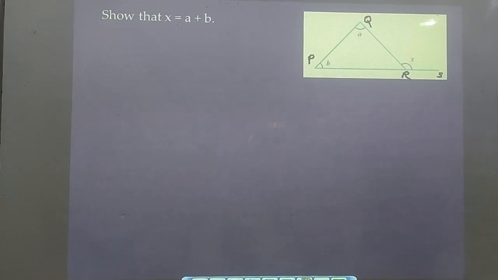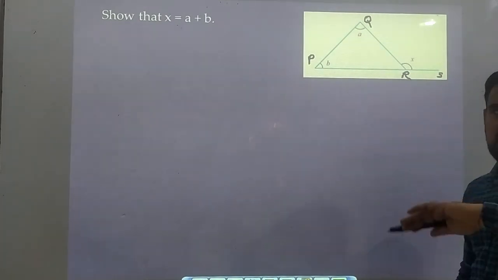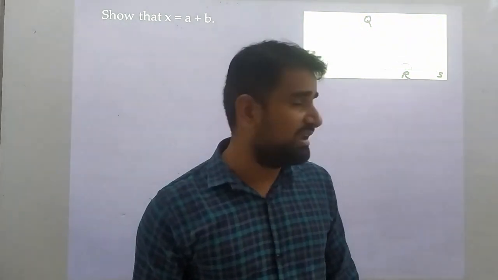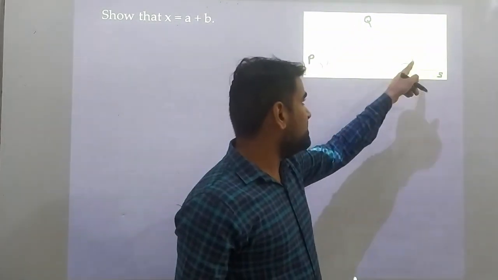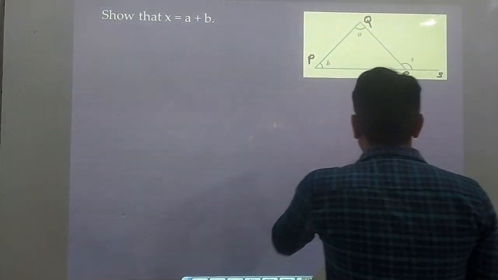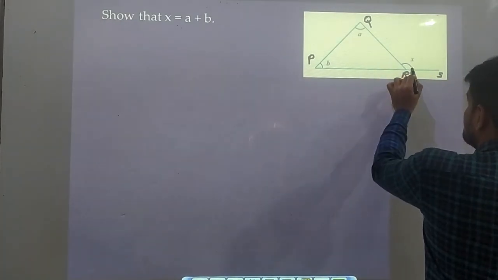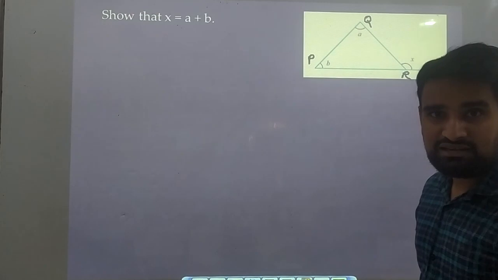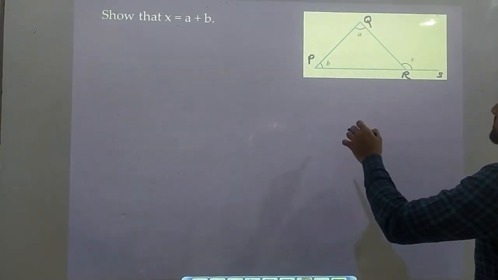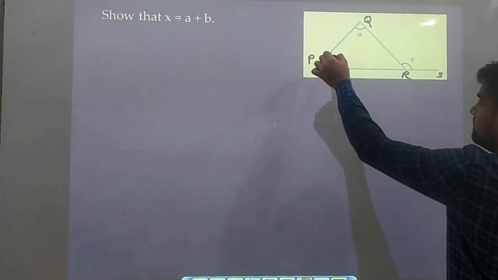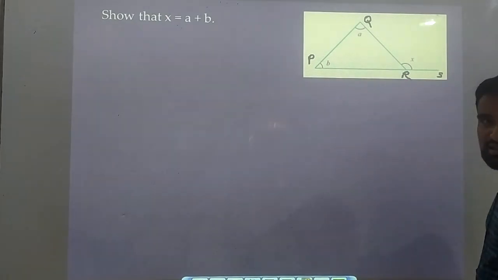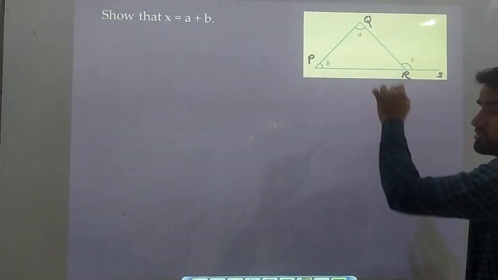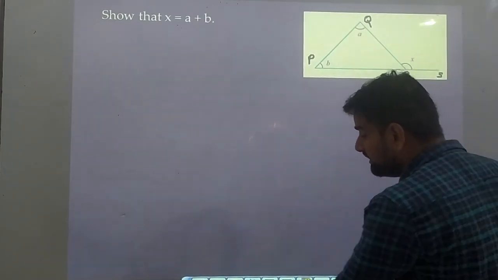We know that the angles made on a straight line always add up to 180 degrees. So I can say that this x plus this inside angle equals 180 degrees.